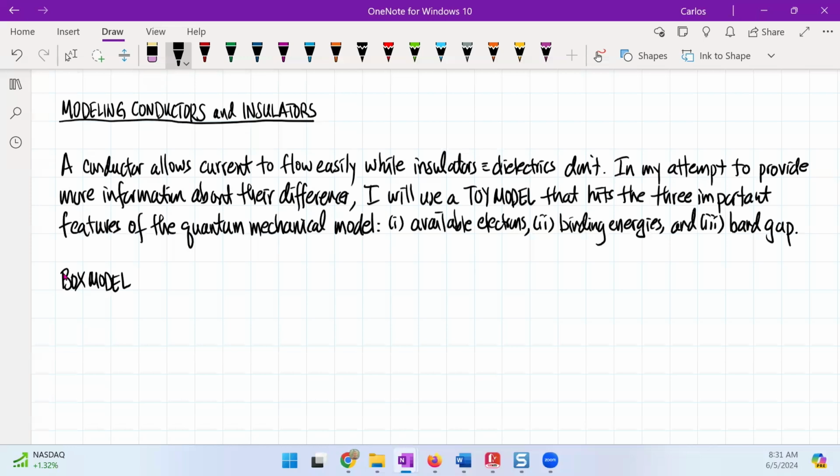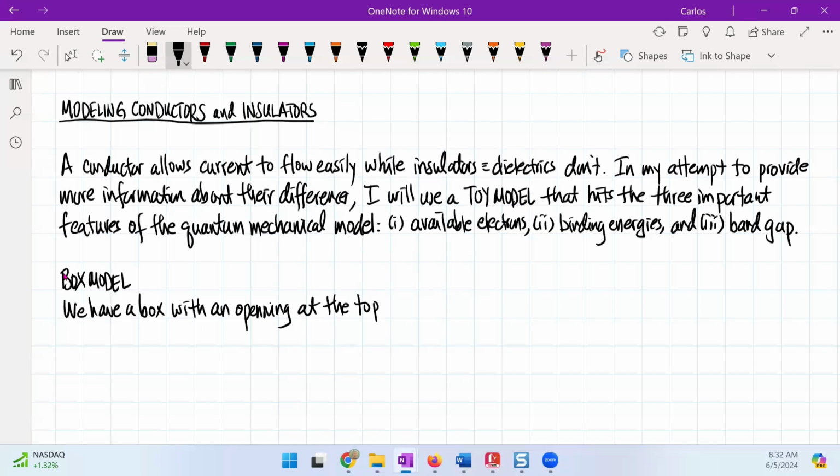So when I think about a box model, what you want to imagine here is that we have a box with an opening at the top.